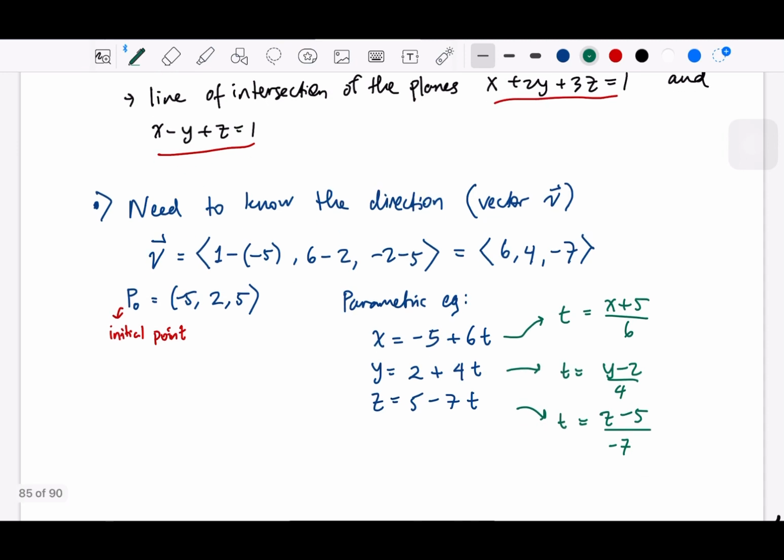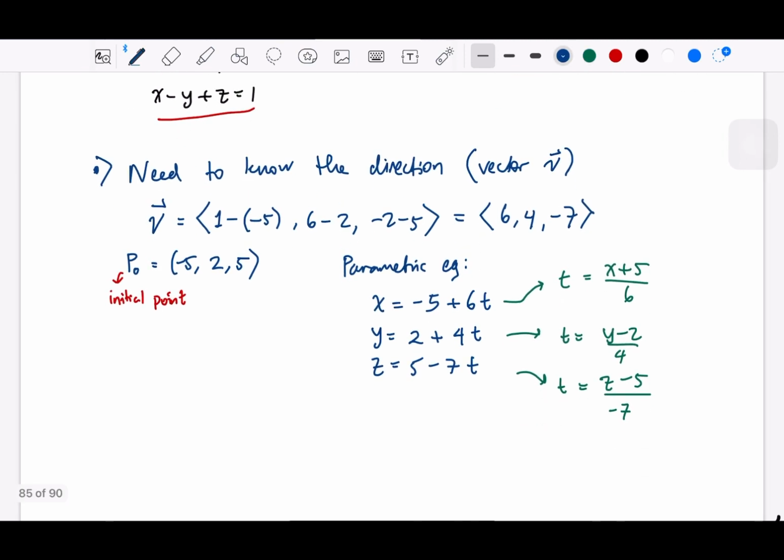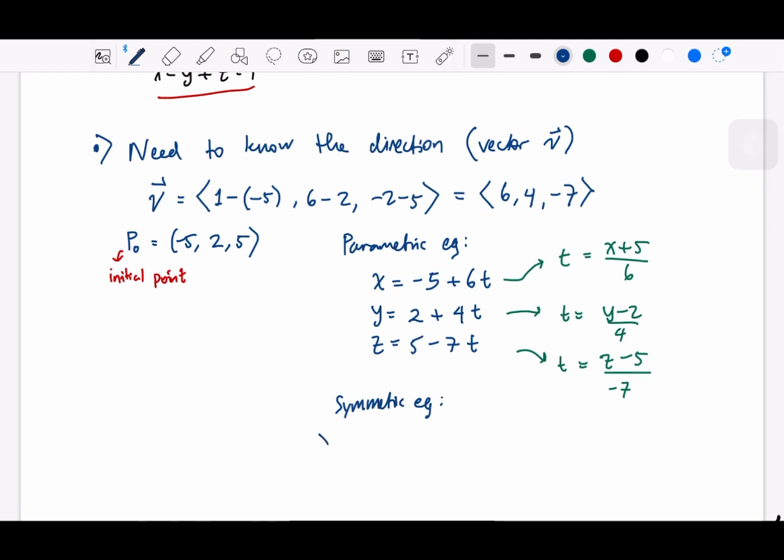So the symmetric equation from this t, we can just equaling all of them. So x plus 5 over 6 equal y minus 2 over 4 equal z minus 5 over negative 7. That's what the definitions, the parametric and symmetric.